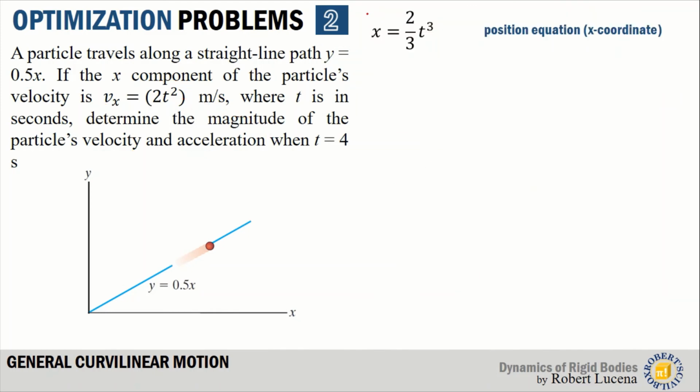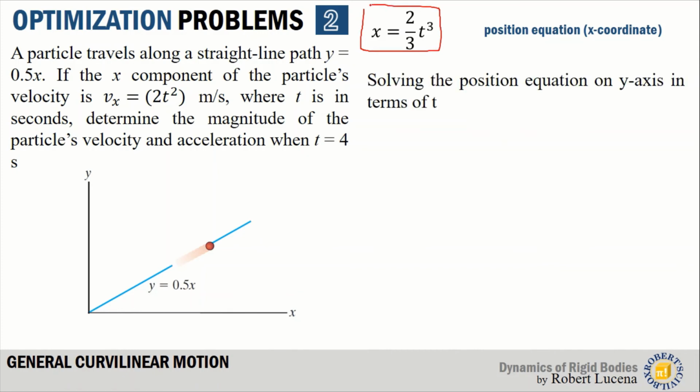Now, this is your position equation about x, and as you can see, the position equation about y is a function of x. Therefore, it's a parametric equation. We can represent y in terms of t by substituting the value of x. If your position equation y is in terms of x, it is convenient to replace x with its value in terms of t.